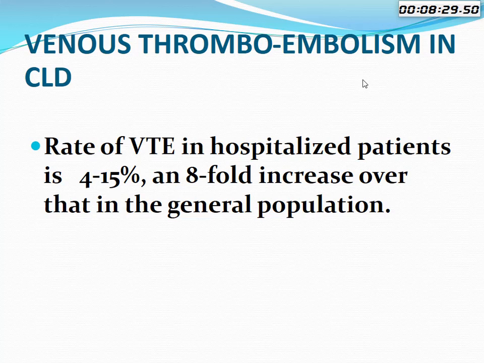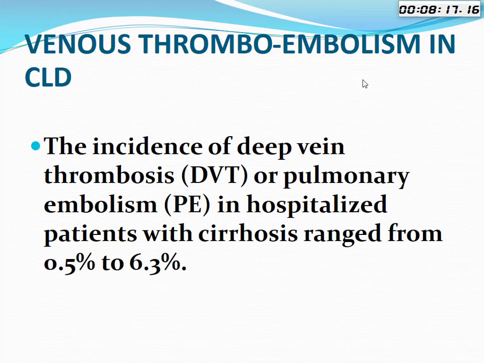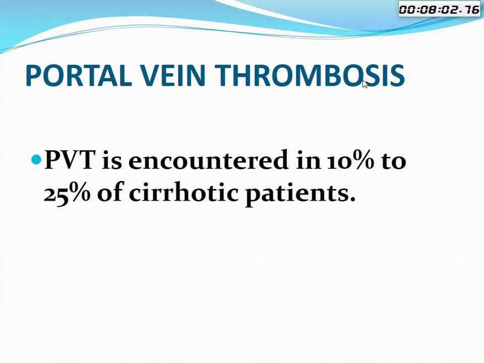The rate of venous thromboembolism in hospitalized patients is around 4 to 15%, around an 8-fold increase over that in the general population. The incidence of deep venous thrombosis or pulmonary embolism in hospitalized patients with cirrhosis ranges from 0.5 to 6.3%. It is a high incidence.